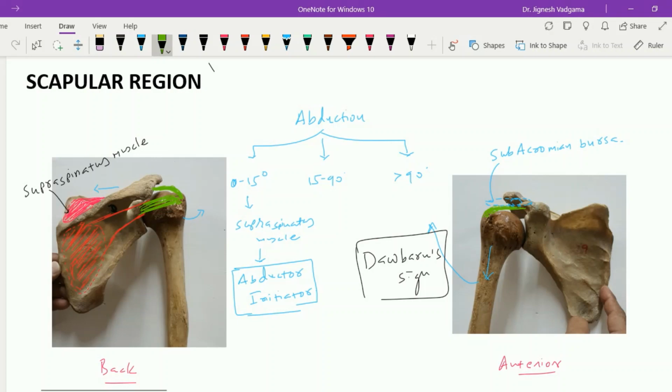As this muscle passes from the infraspinous fossa, it is called the infraspinatus muscle.